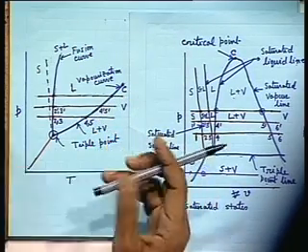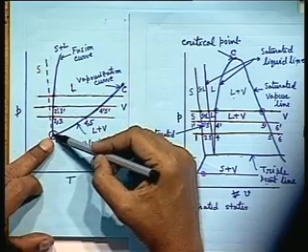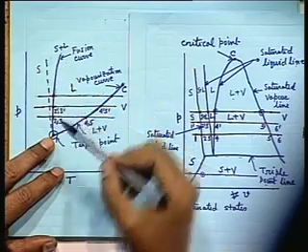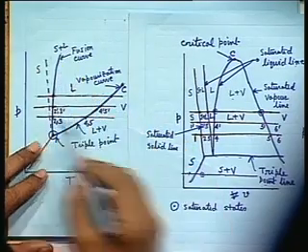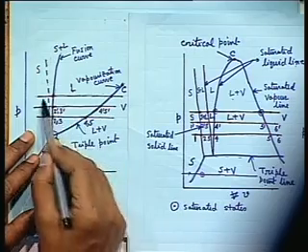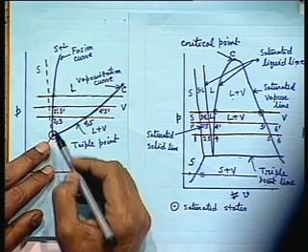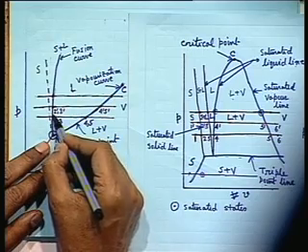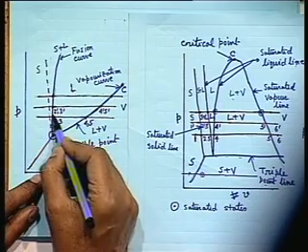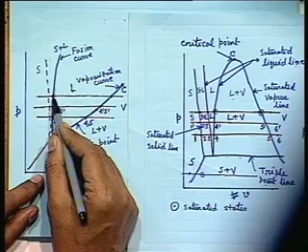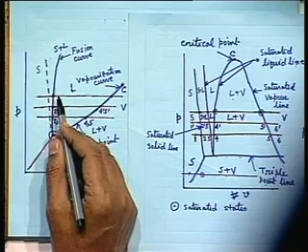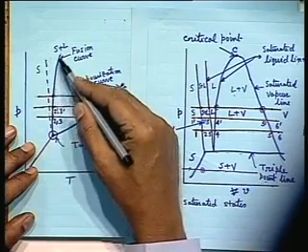Now the beauty is that if we draw this line, the solid-liquid points on the PT diagram at different pressures, we will see that this curve is very steep. That means the influence of pressure on the temperature of solidification or melting is very less. Except for water, it has a positive slope.